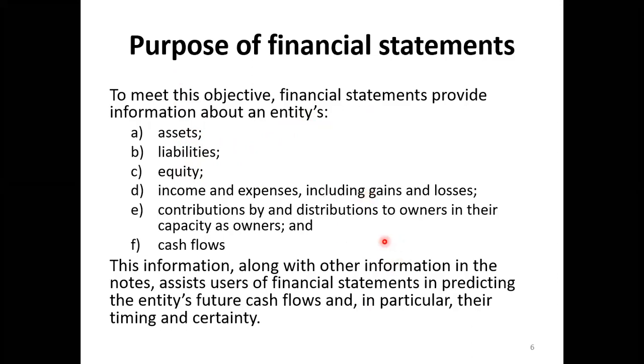Contributions by and distributions to owners in their capacity as owners, you can find in the statement of changes in equity. And cash flows, how money comes into the organization or goes out from the organization. All such information can be conveyed through the financial statements.